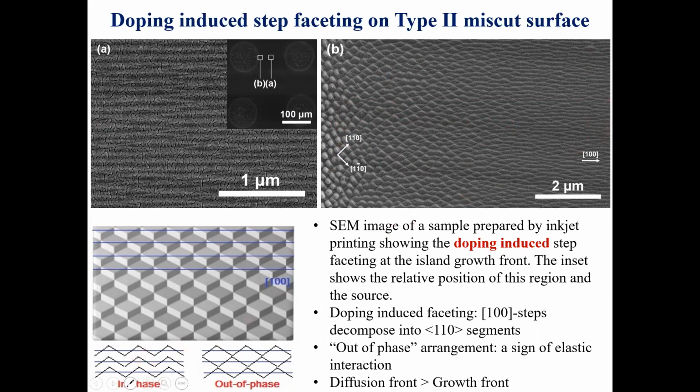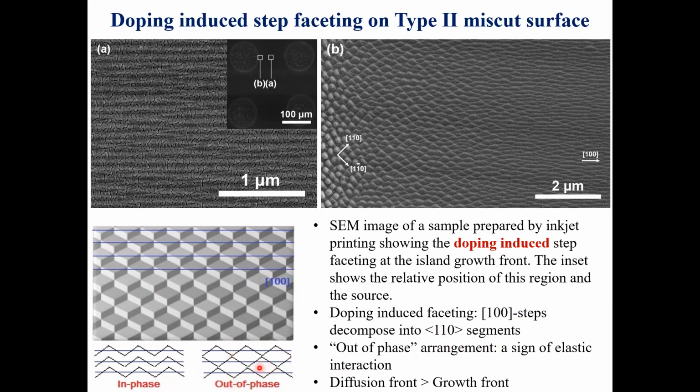What we see is that as we heat treat this type 2 misoriented sample with the source material on it, the source material is actually modifying the steps. It's doping-induced faceting of 100 steps that decompose into 110 segments.